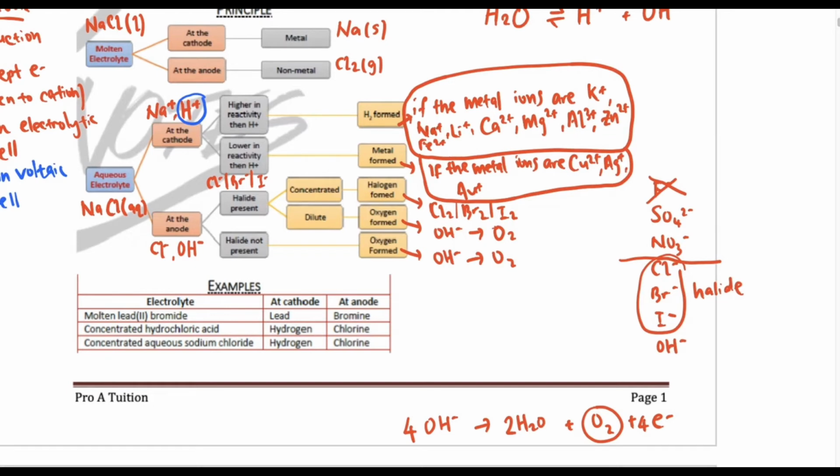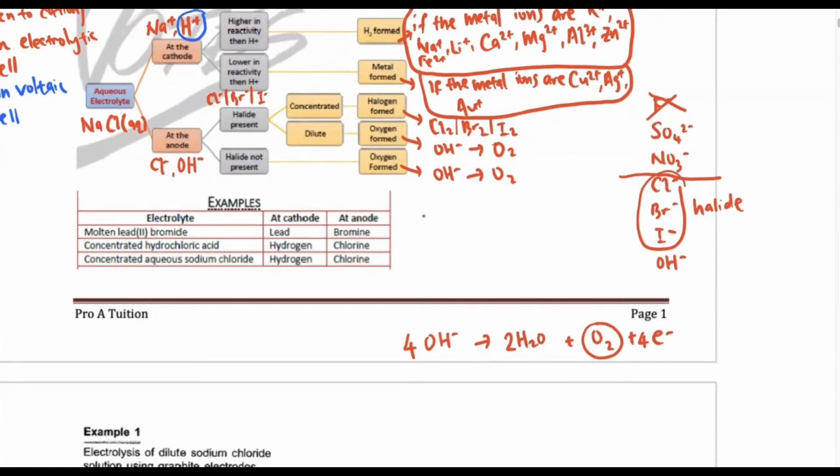If the metal is sodium, sodium is not going to form product. Hydrogen will form the products. So that's why hydrogen. Okay. The negative ions, we have chloride ions as well as hydroxide ions. Chloride, hydroxide, it is concentrated. You see the word concentrated is there, and then they will form chlorine as the product.